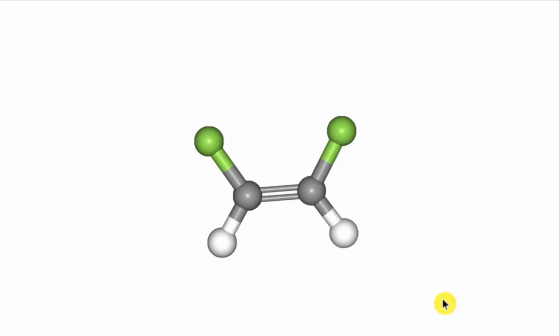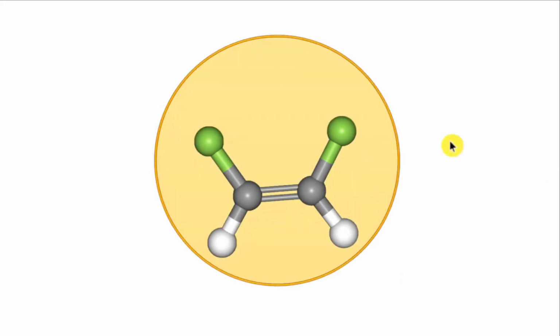Let's consider another example of a molecule which contains two planes of symmetry, and in this case it is cis-1,2-dichloroethene. And we know that this molecule should also lie in a plane because the carbon atoms in this compound are sp2 hybridized, and hence all atoms should lie in a plane. Immediately you can say that there should be a plane that contains all atoms, which is the molecular plane.